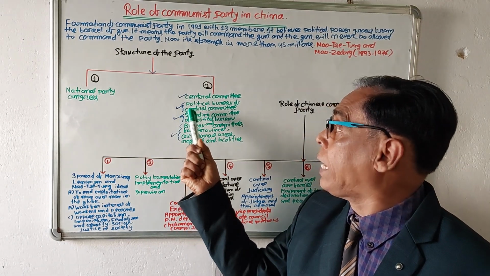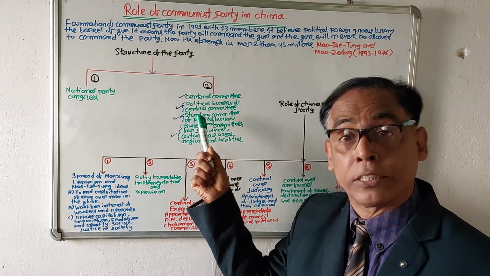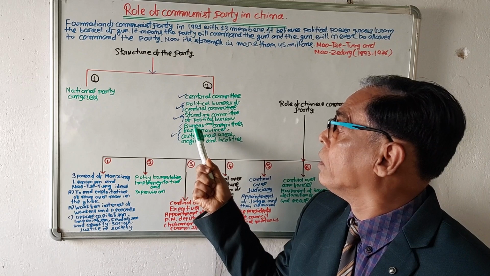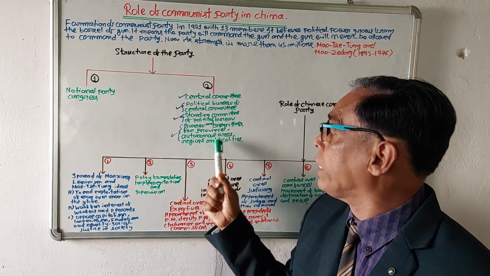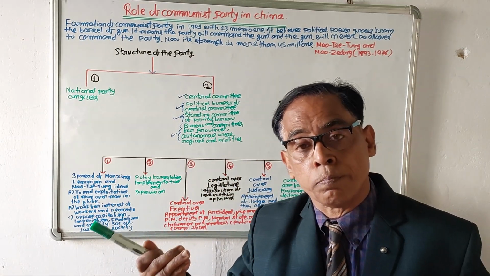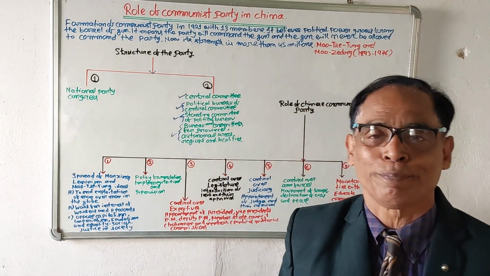And the Central Committee has a Political Bureau. And the Political Bureau has a Standing Committee. And in all the provinces, autonomous areas, regions and localities, the Communist Party's bureaus and committees are found.